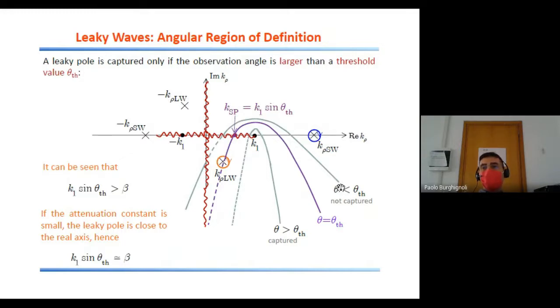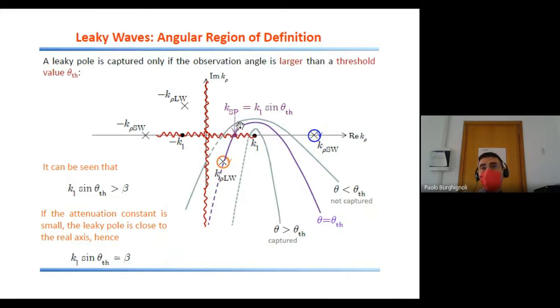If you consider the deformation from the old to the new path, you will see that the leaky pole, located here on the bottom Riemann sheet, is not captured, so it does not give you any contribution. Whereas if you increase the observation angle theta beyond some threshold, you will capture the pole, and so you will get a residue contribution. The threshold angle is defined by the steepest descent path that goes all the way through the leaky wave pole.